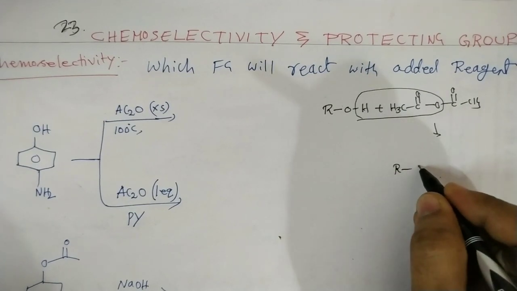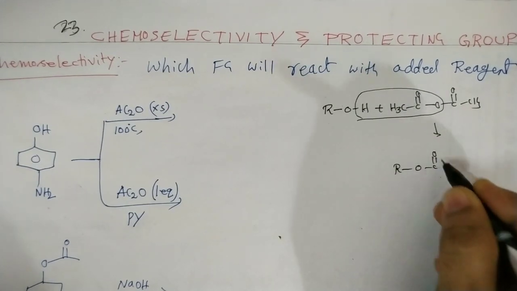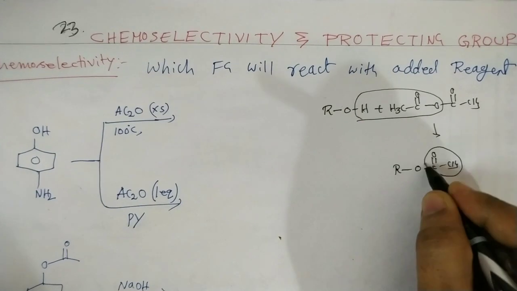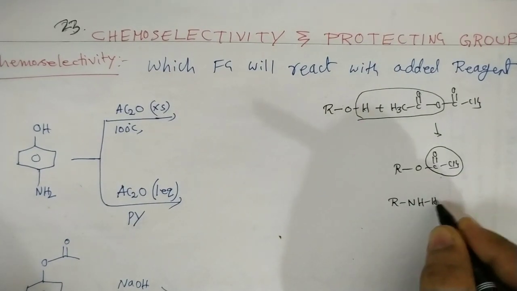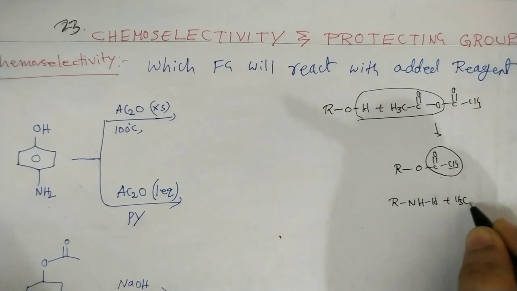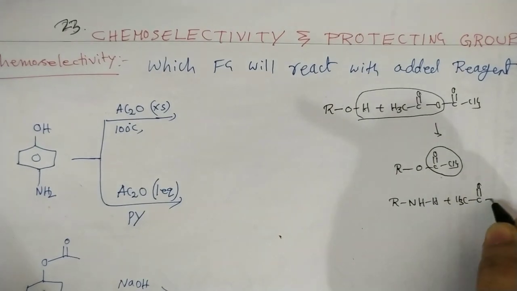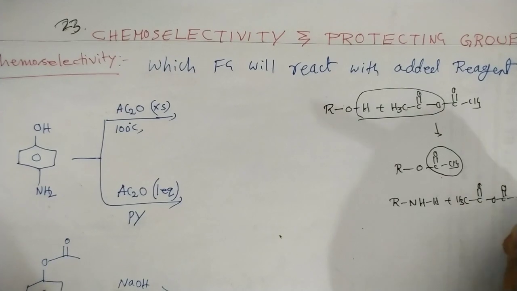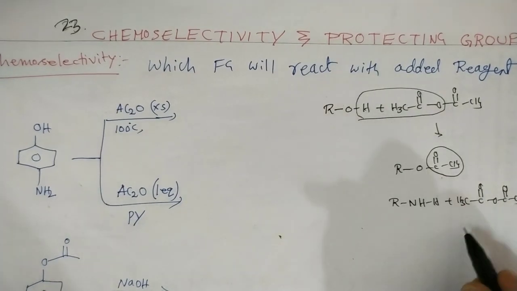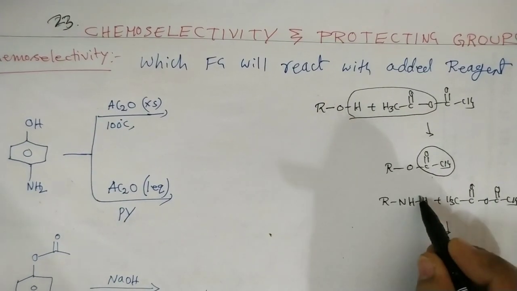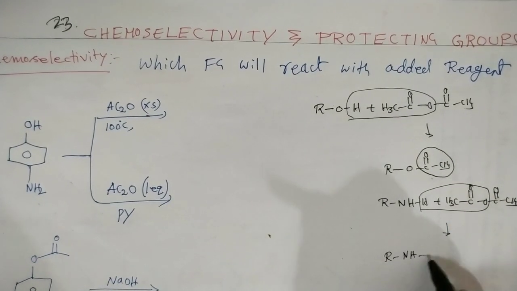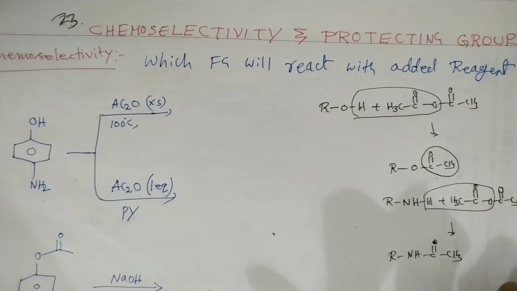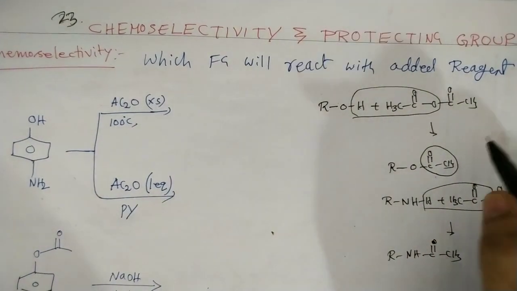That is nothing but an acylation reaction. Similarly, an amine also undergoes acylation: on treating with acetic anhydride we get the same kind of product, where H is replaced by the acyl group, N-C(=O)CH3. It is the acylation reaction, where H is replaced by the acetyl group.